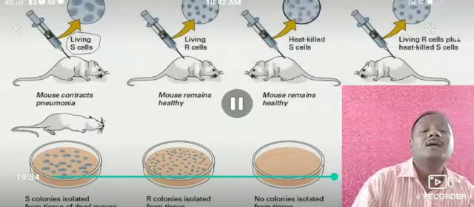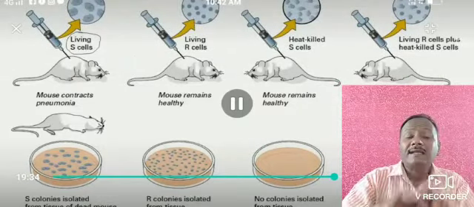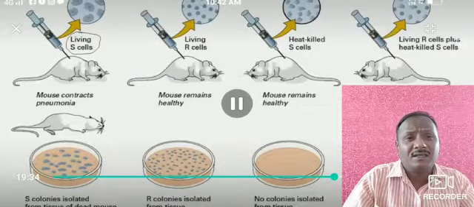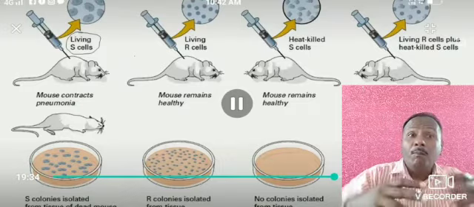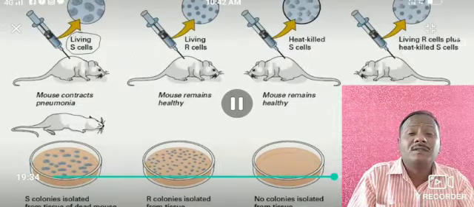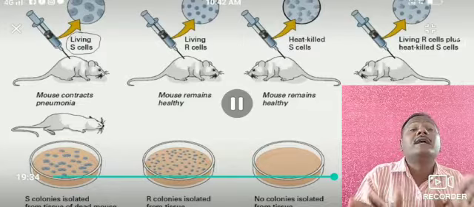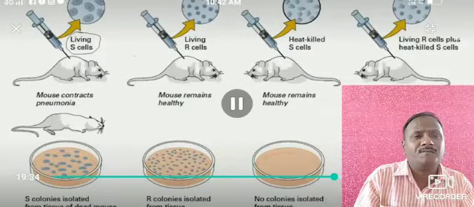What happens? The mouse remains healthy after a period of time. It means there is no side effect of the R strain, because it is a non-virulent strain.